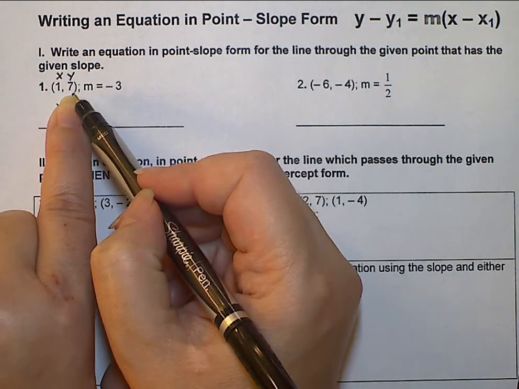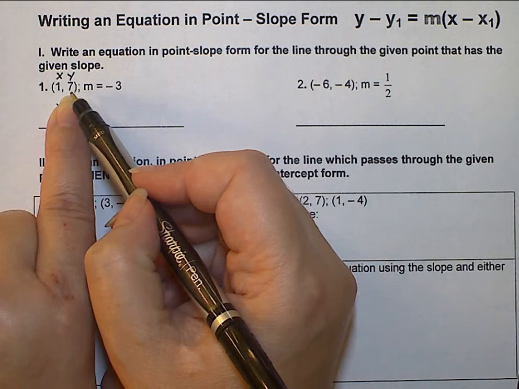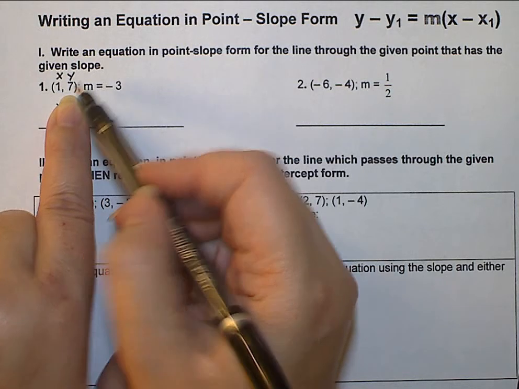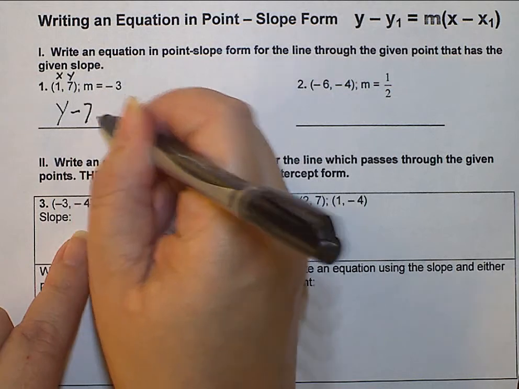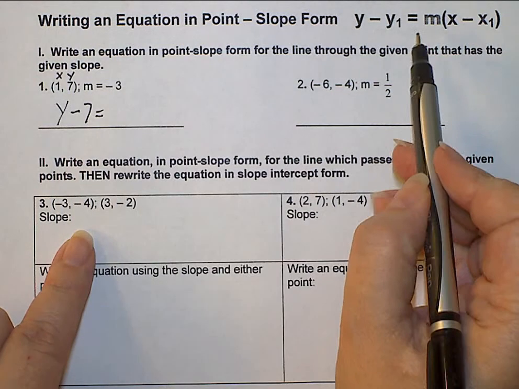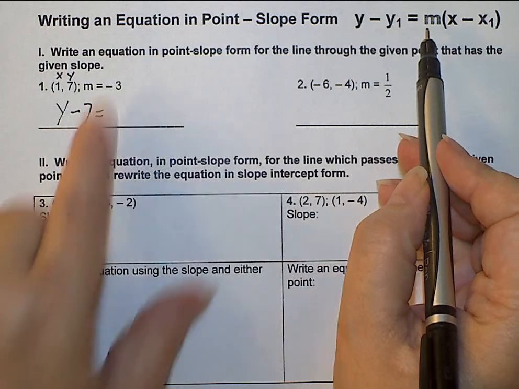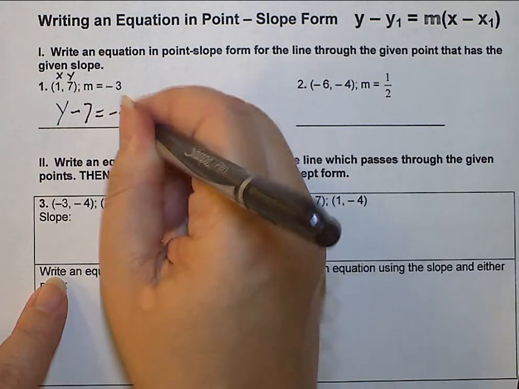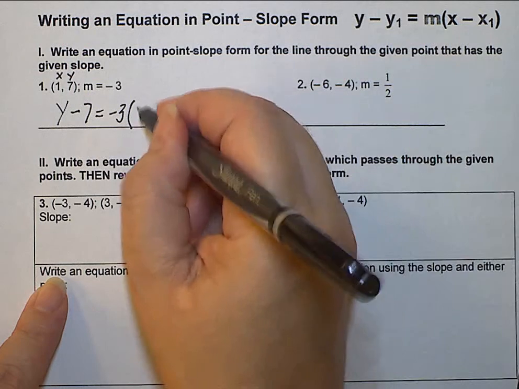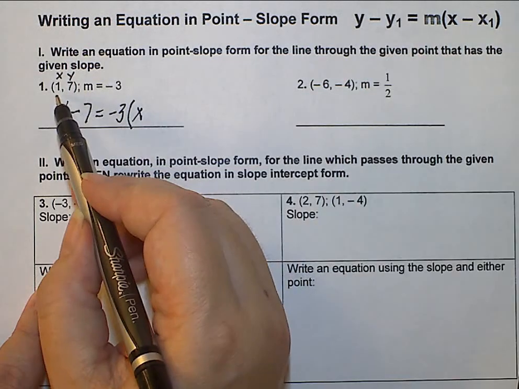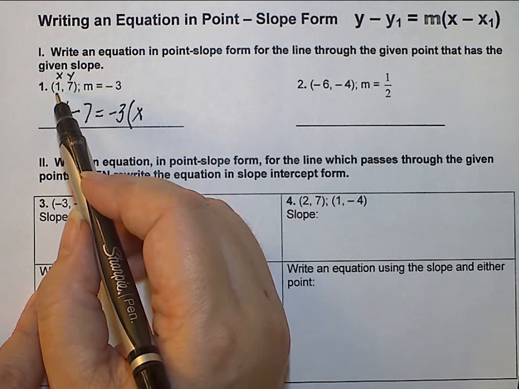Is this positive or negative 7? Positive. So the opposite is negative 7. So we have a negative 7 is equal to my slope, my m, which, what is my m? Negative 3 times x, and it's the opposite of my x value. So what's the opposite of 1? Minus 1.